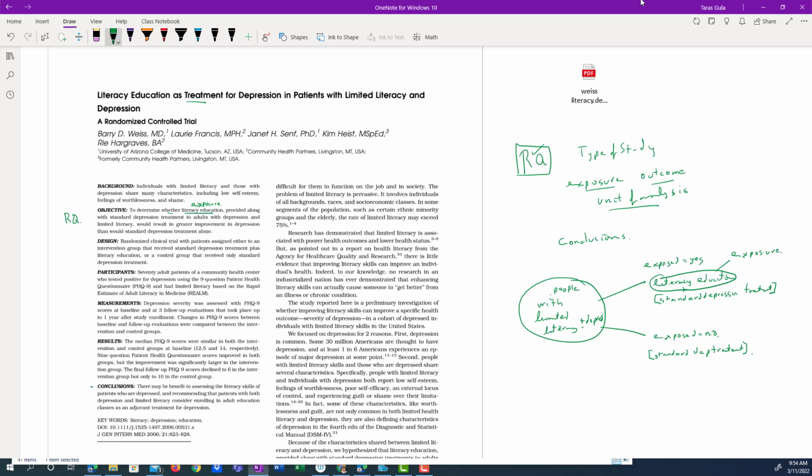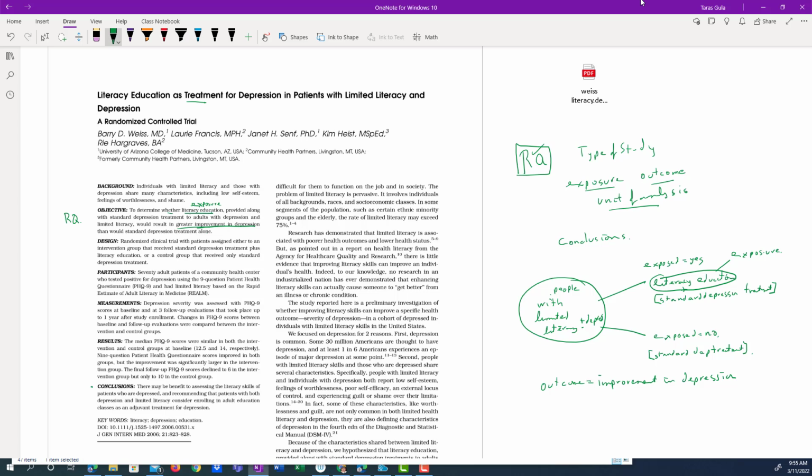So we have the exposure, literacy education, and greater improvement in depression, and the exposure is categorical because we have two categories of people. Improvement in depression is what we want as the outcome. Now the question is whether this is a categorical or measurement variable.